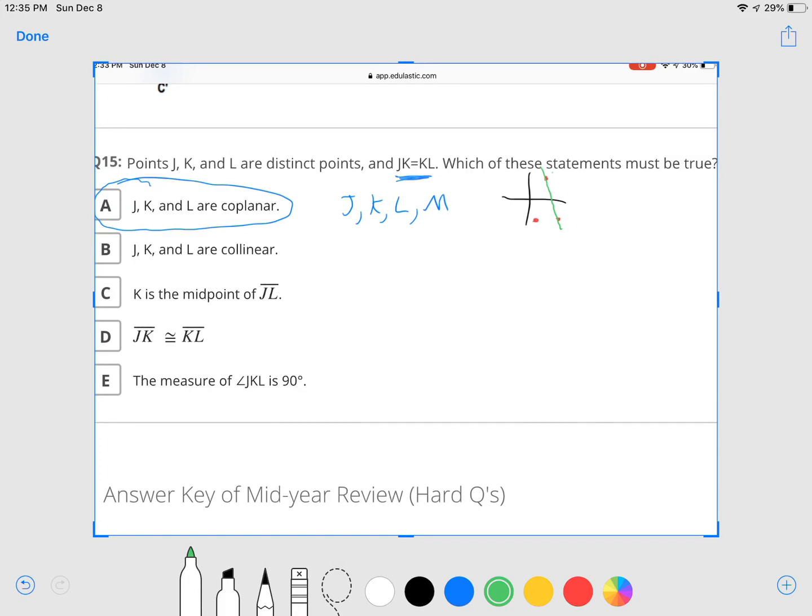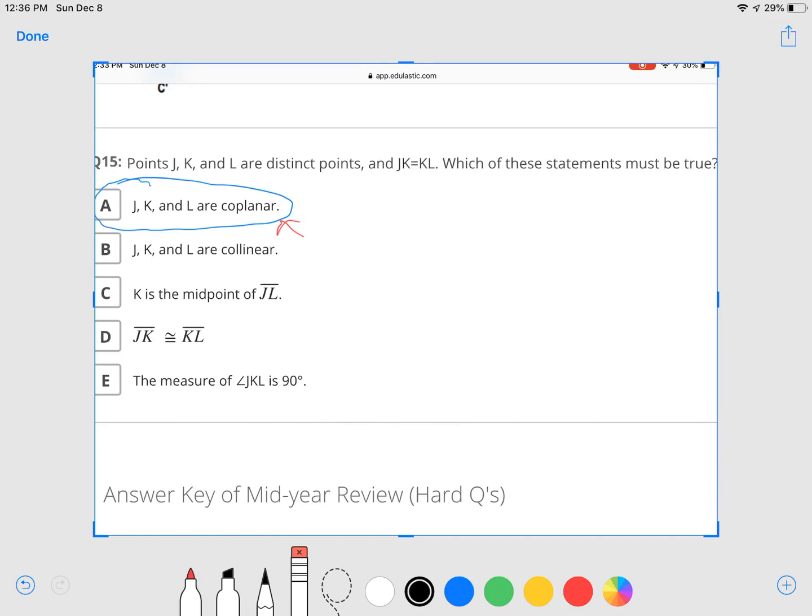So it's similar with this first option, but in 3 dimensions. In 2 dimensions, you can pick a line that goes through any 2 points. In 3 dimensions, you can find a plane that goes through any 3 points, but not a 4th one. Okay, so option A is always true in real life.